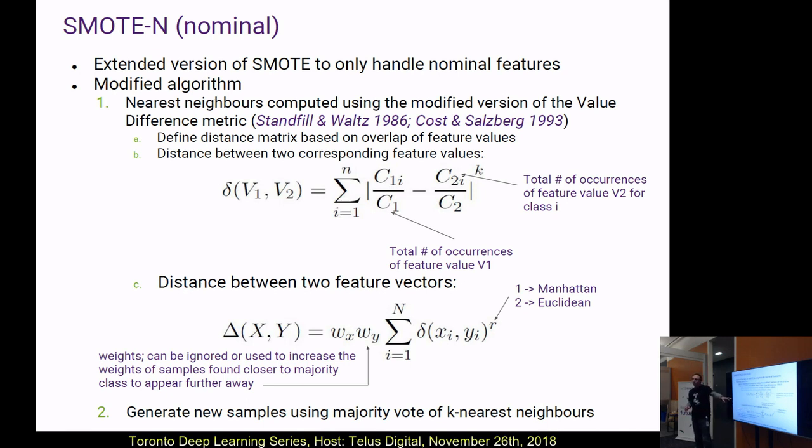Now there's weights shown. They discuss in the paper that these weights can be ignored because they're not interested in classification. Or you can use those weights to penalize data points that fall very close to that decision boundary. So by increasing those weights, you're actually making them look like they're a lot further away than they may otherwise be in your new distance space.